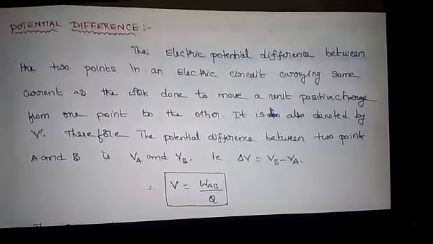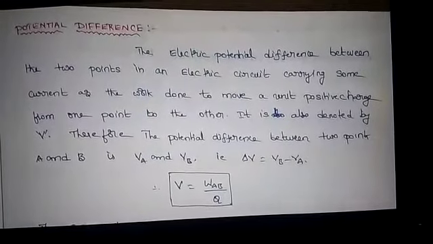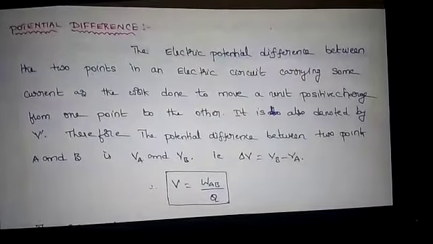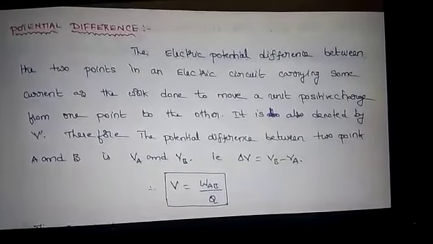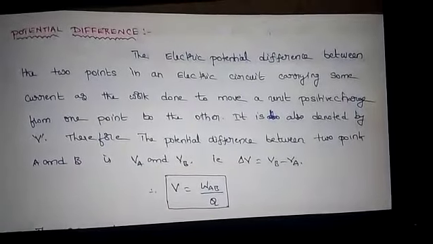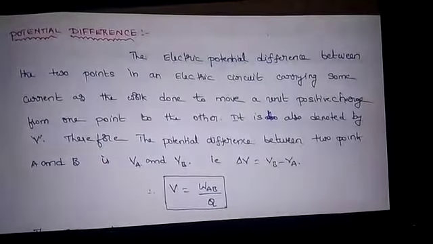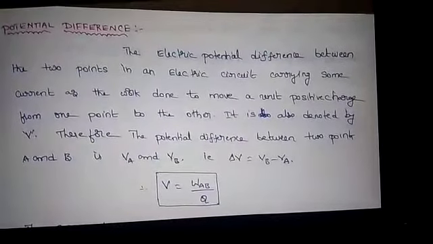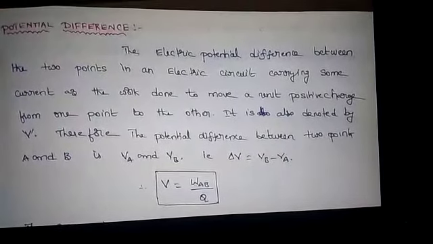The definition: the electric potential difference between 2 points in an electric circuit carrying some current is the work done to move a unit positive charge from one point to the other. It is also denoted by V. Therefore, the potential difference between 2 points A and B, with potentials VA and VB, is delta V equals VB minus VA.